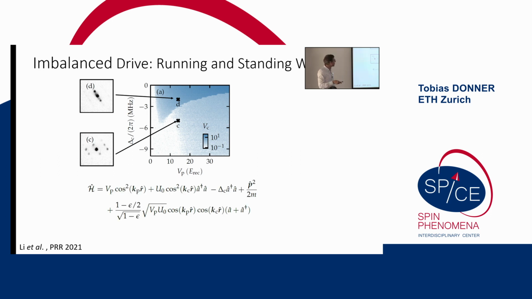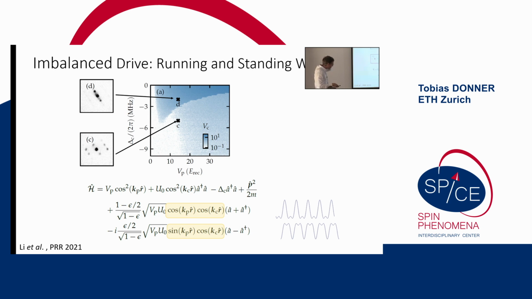This can be understood if you look again at the single particle Hamiltonian, where you see this term, which is the same I've shown to you before, giving rise to these lambda periodic double wells. But then if you think of the presence of a running wave, then you can describe it as a sum of sine plus cosine, such that you get an additional term in this Hamiltonian which comes with the sign of the pump potential. So it flips this potential, and you see that it gives you these lambda periodic single wells.